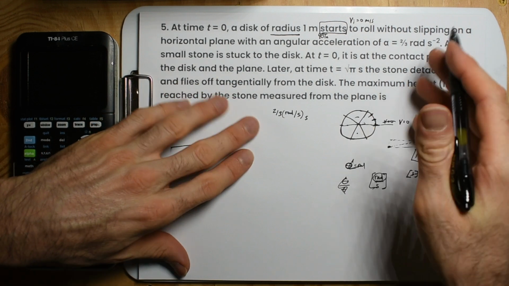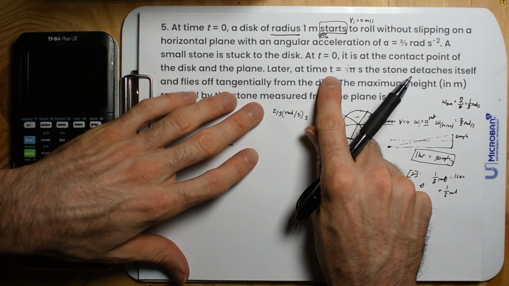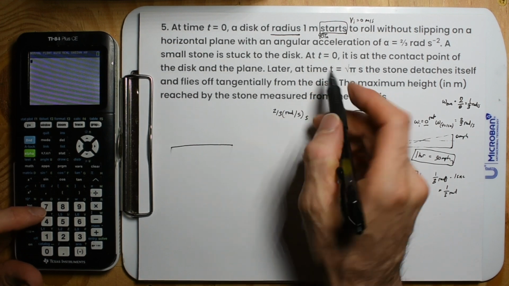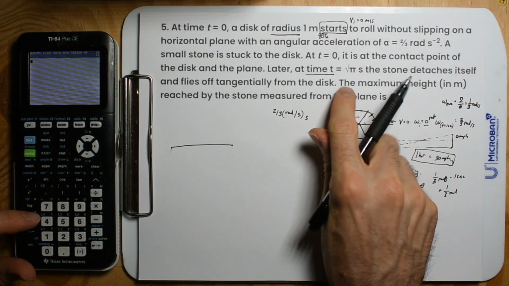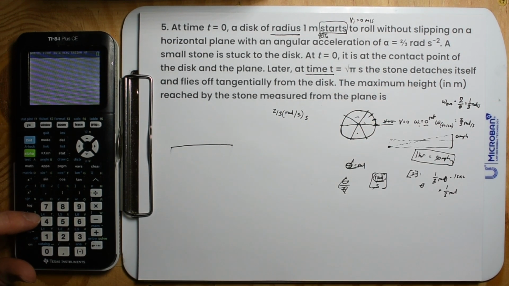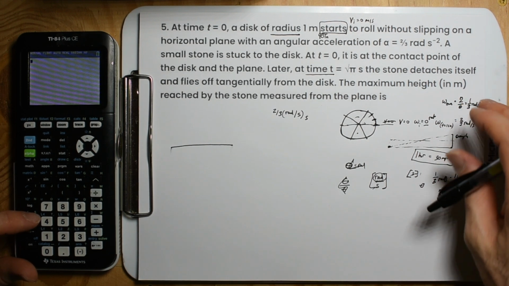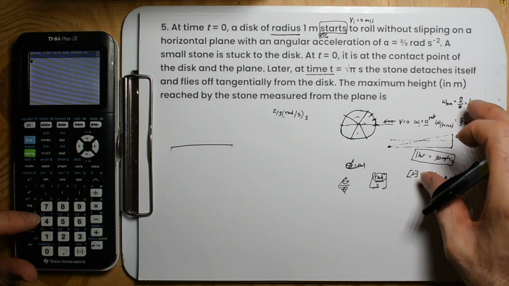All right, now let's figure out, we have to do this problem in a normal amount of time. And so it says later at time t, this is where they're interested in, the stone detaches itself. So we're going to use kind of this guess and check process.